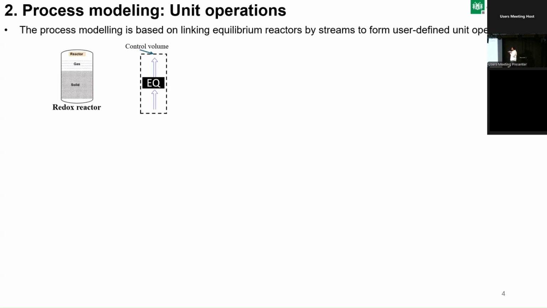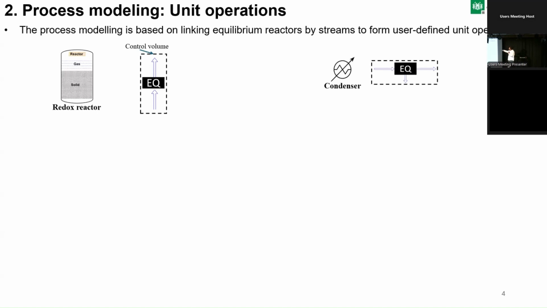And this equilibrium reactor can have several input and output streams, as already shown in the previous PowerPoints. And for example, we developed another customized unit operation called a condenser, in order to dry out our process gas and separate, for example, hydrogen from steam.